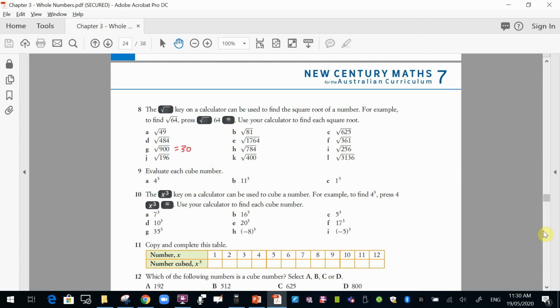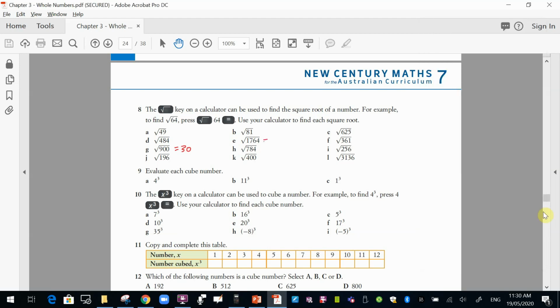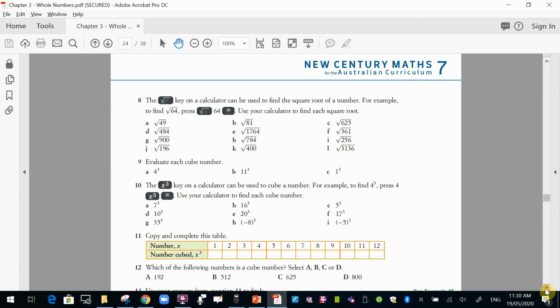What about this one? That looks tricky. Square root of 1764. Square root button, 1764. 42. And so on. That's how you use a calculator for those.